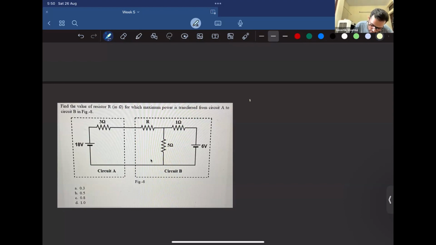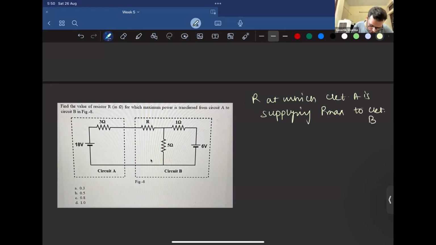So we need to find R at which circuit A is supplying P max to circuit B, right?